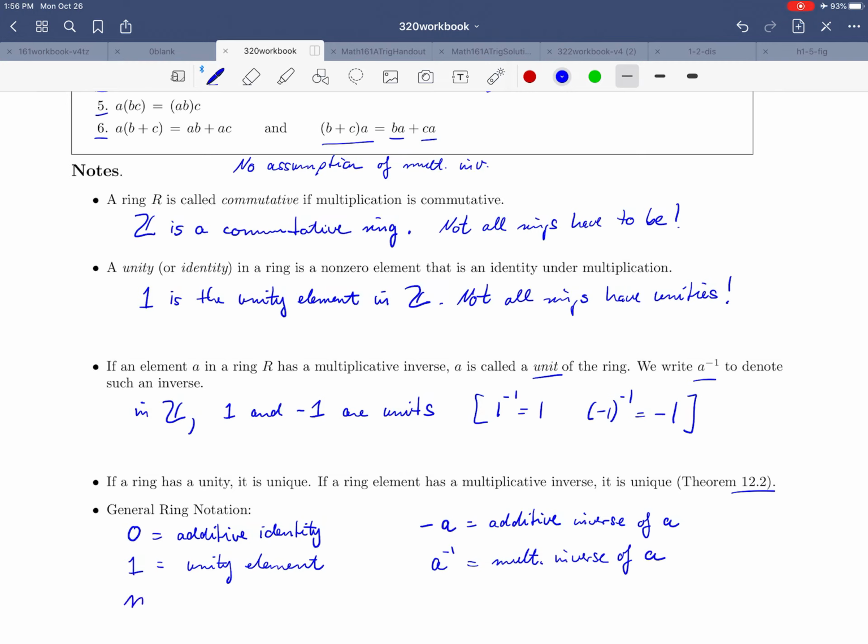And then finally, n times a means adding a together n times. So it looks like scalar multiplication, but it isn't necessarily. It means that you are taking a and adding a to itself n times. All right, so that was our definition of rings and a few notes about it.